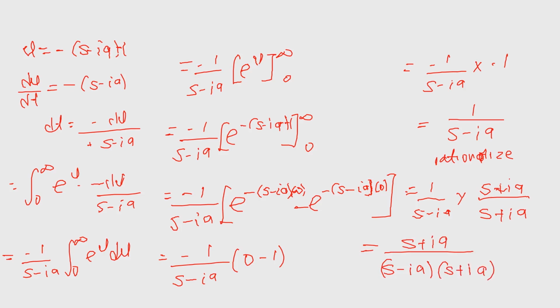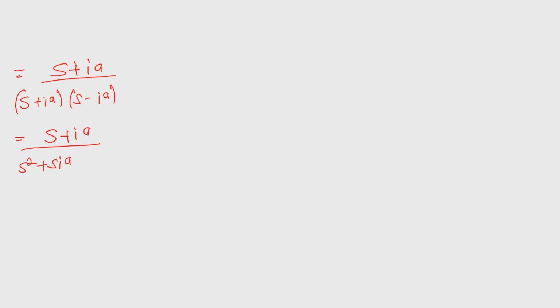So if you rationalize, we are going to have s plus ia over s squared, then plus sia minus sia, then minus i squared a squared.